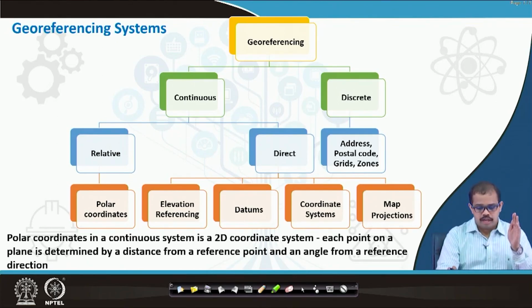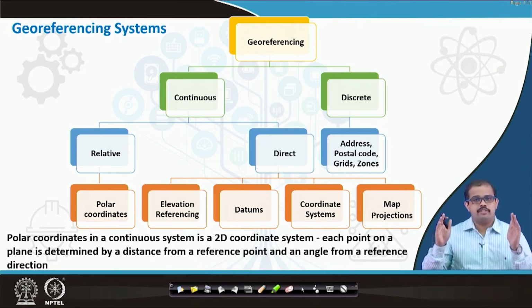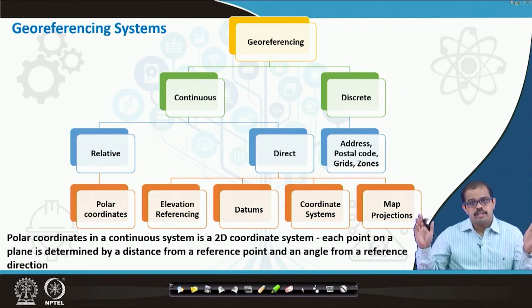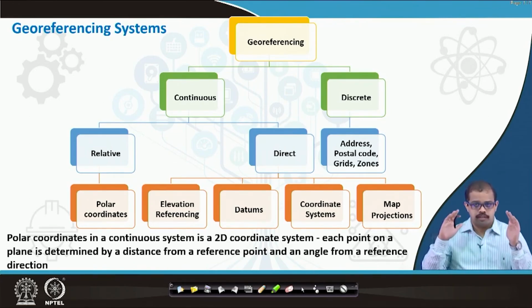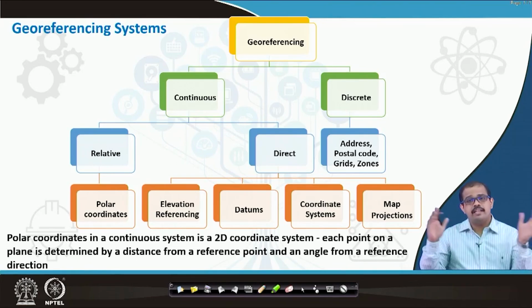And when there is a discrete system, it is referring to a certain point on the earth surface defined globally. So if I say my pin code is 721302, there is no other pin code which is 721302 on the earth's surface. So that is how it is very discrete in terms of representation.